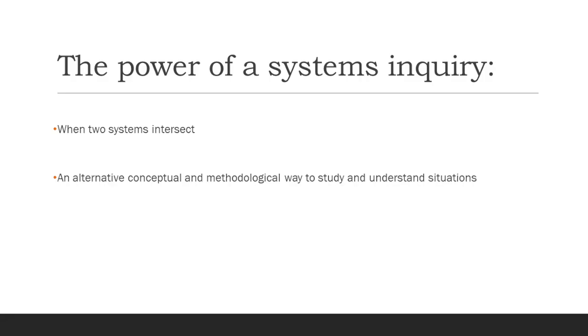For example, how organizations function, a certain organization that you come across. How do they function? So a systems inquiry would pay attention to differences between closed and open systems and the implications of such boundary definitions for research, theory, and practice in understanding programs, organizations, entire societies, and even the entire world, if you wanted to go that far.